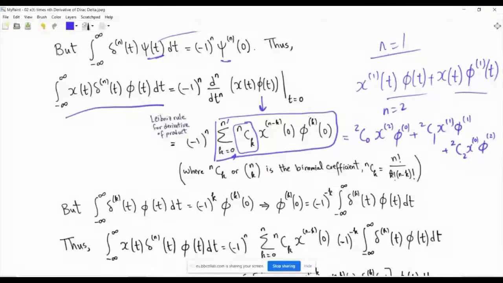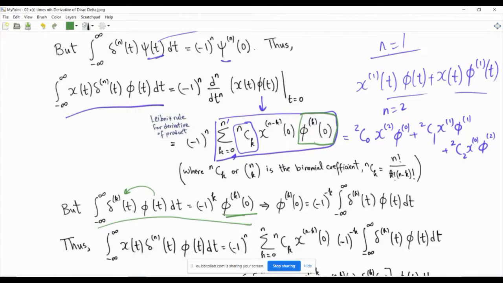Now, this is our result, but this phi k of 0, the kth derivative of phi of t at 0, we can obtain from this. The integral of phi of t multiplied by the kth derivative of the Dirac delta will give us the kth derivative of phi evaluated at 0 multiplied by minus 1 to the power k.